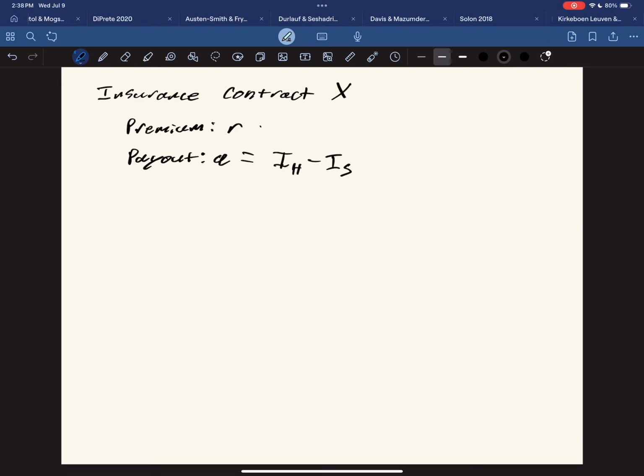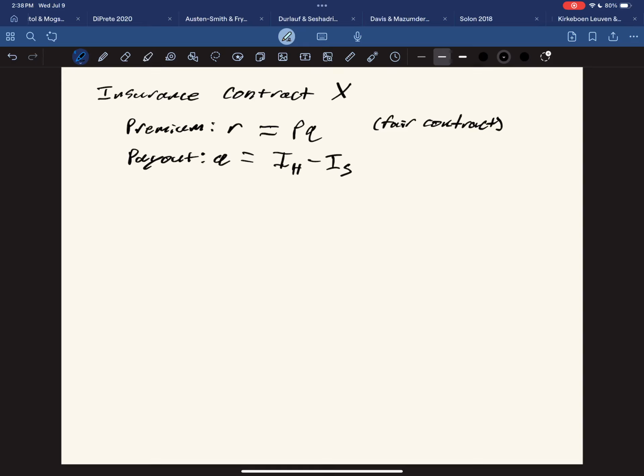If the contract is fair, the premium is equal to the probability I get sick times the payout, so it's a fair bet.